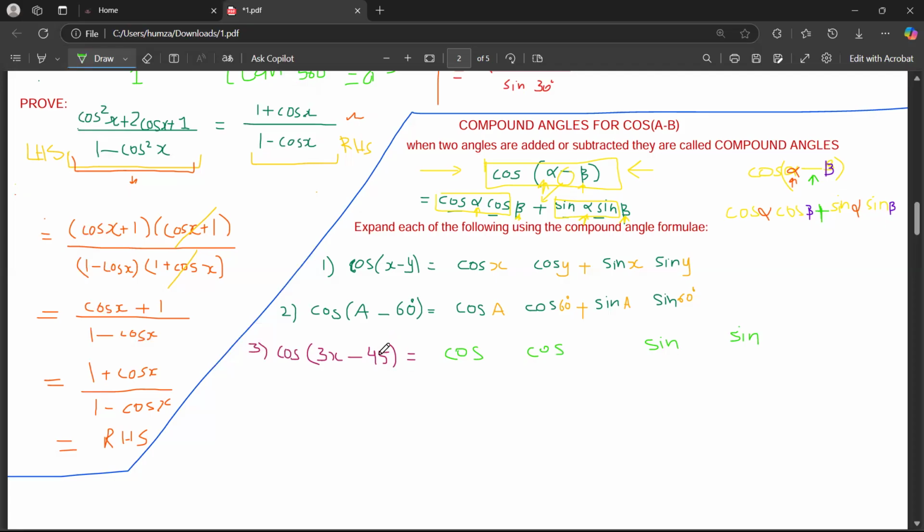And then another angle beta will go with another cos and the sin. So this 3x is coming here, cos 3x, sin 3x, and this 45 degrees is cos 45, sin 45, right? And then the minus will change into the positive sign.